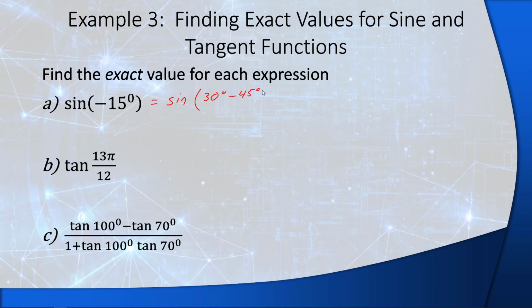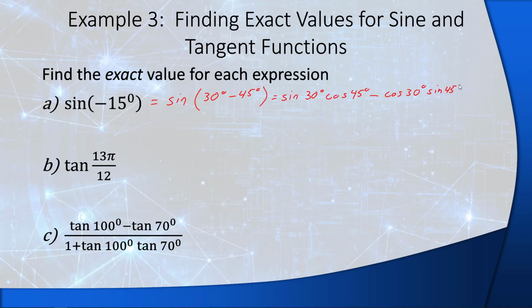That will give us negative 15. And now we can use our difference identity, and that will be the sine of 30 times the cosine of 45 minus the cosine of 30 times the sine of 45.